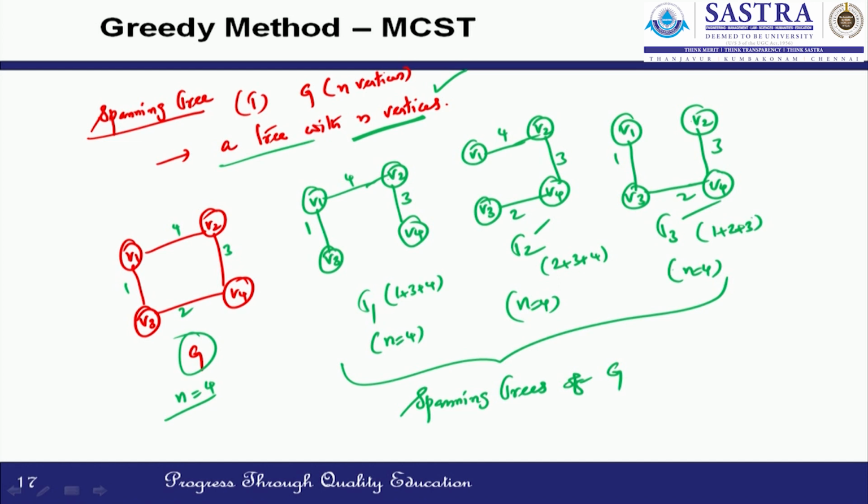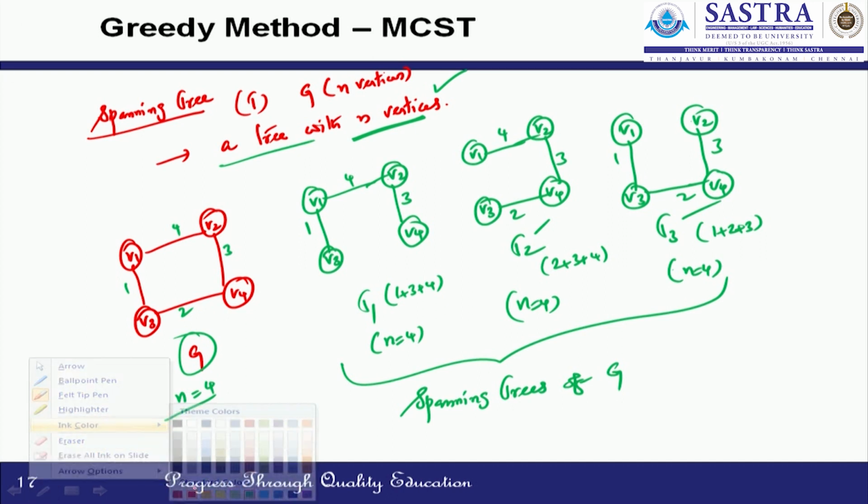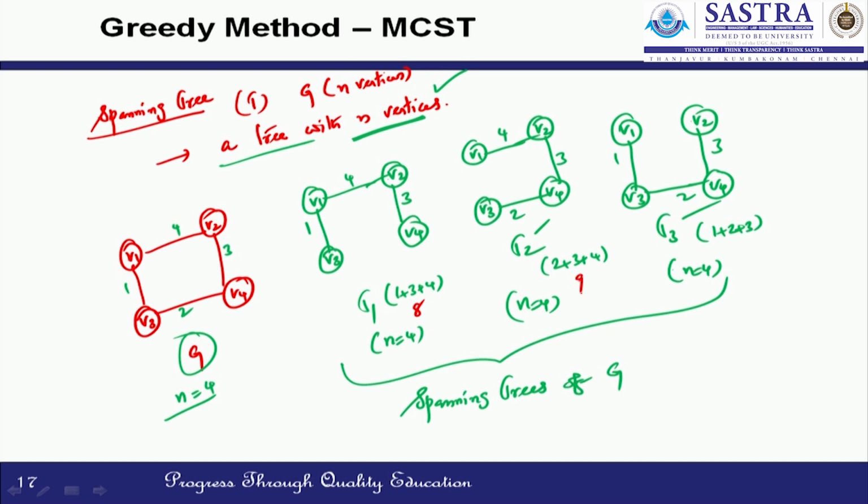So we need to find a spanning tree with minimum cost. Clearly here the spanning tree T1 takes a cost of 8, here 9, here 6. We can find some other spanning trees as well, if possible.